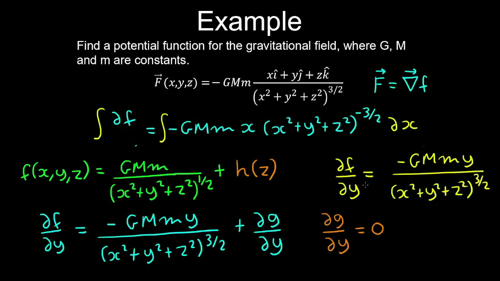And similarly, if we equate the third components, we have the partial of f with respect to z is equal to the third component of the vector field. So we get this expression. And then taking the partial of f with respect to z, we instead get the following expression. So we get a z here plus a total derivative of h with respect to z.